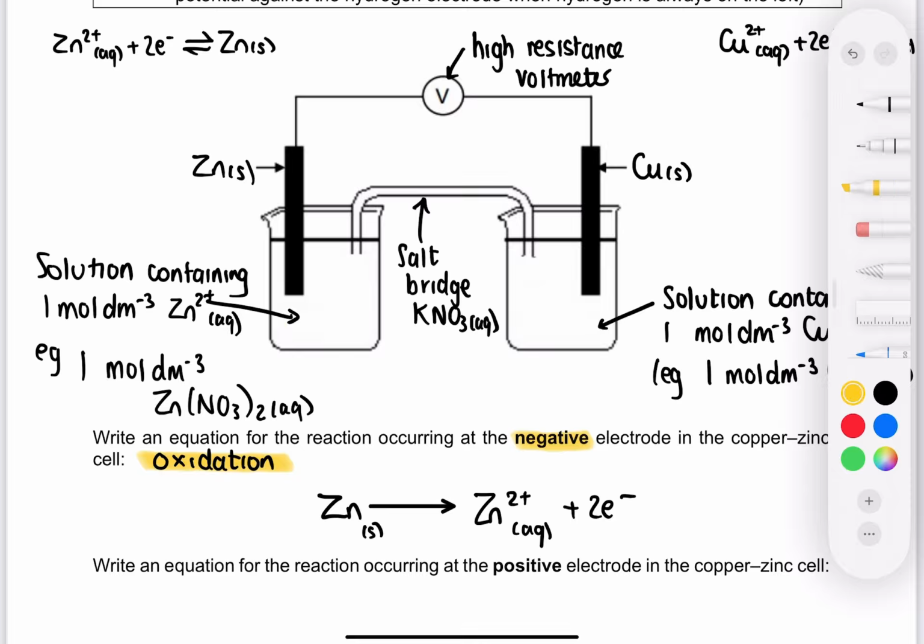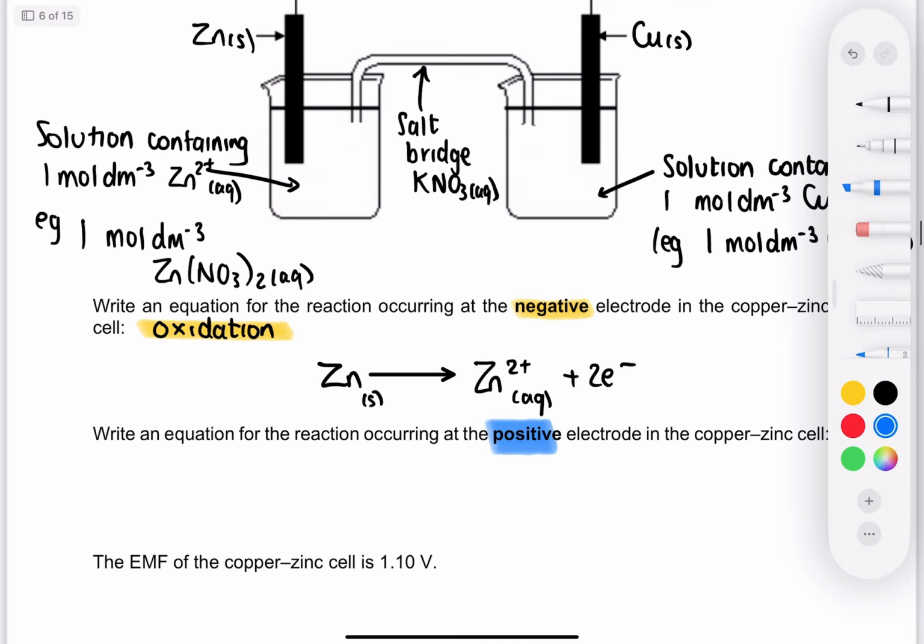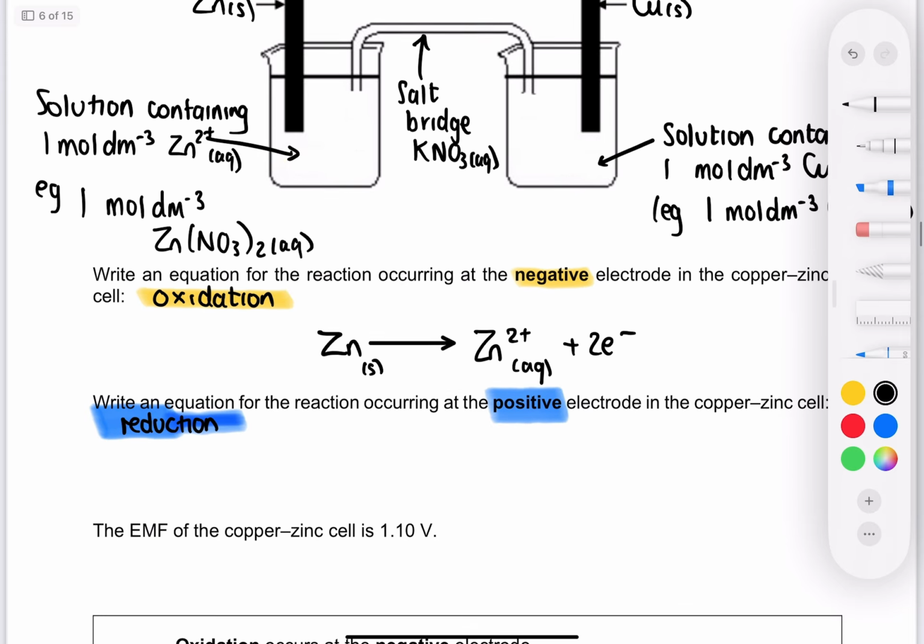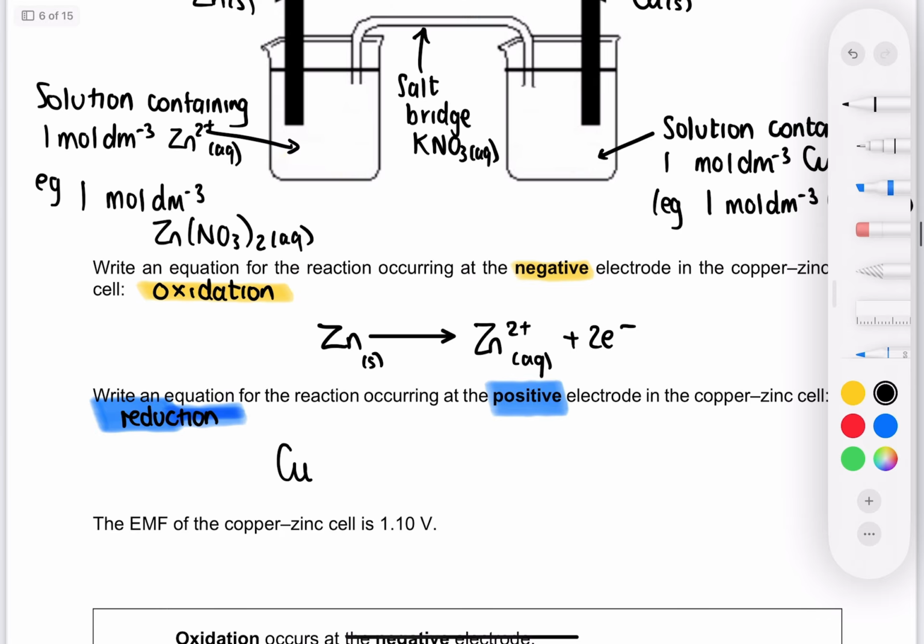And then at the positive electrode, we are going to get reduction. Our positive electrode was our right-hand side, reduction at the right-hand side. And that is our copper 2 plus 2 electrons goes to copper.